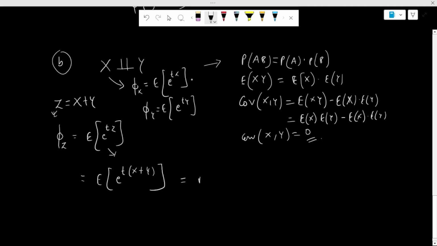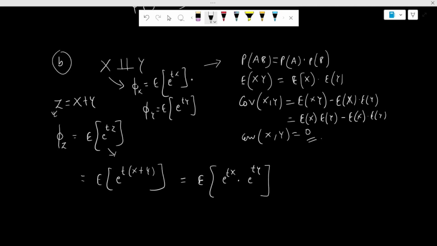Again, this is equal to the expectation of e to the power tx times e to the power ty, applying the property of indices: when the bases are the same, in case of multiplication we add the indices. As both x and y are independent, the expectation of the product can be expressed as the product of their individual expectations.